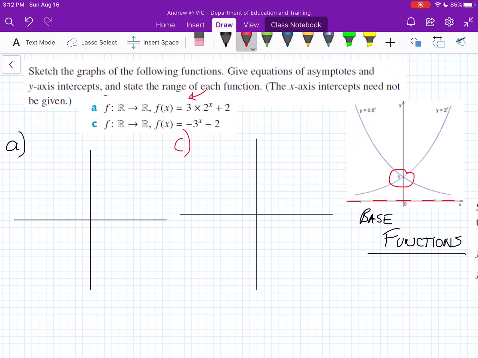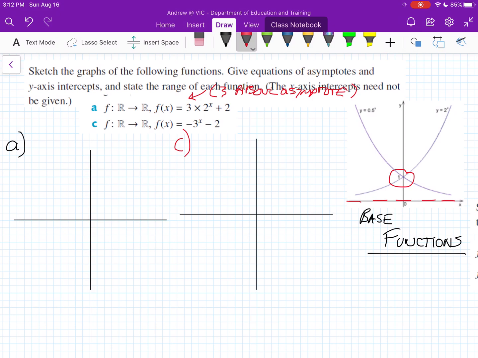Okay, so this means it goes through 3 above the asymptote. And that's going to be our y-intercept, 3 above the asymptote.